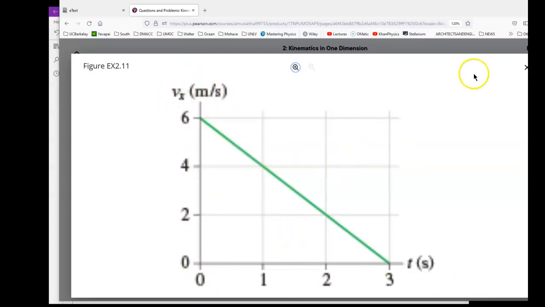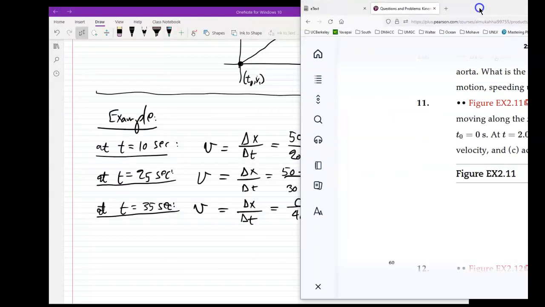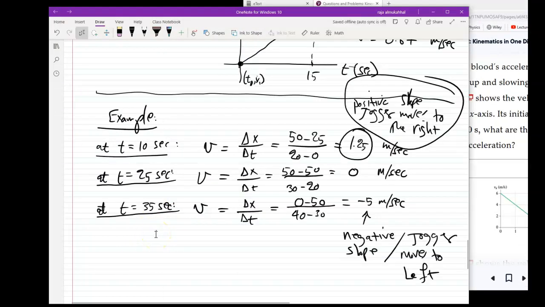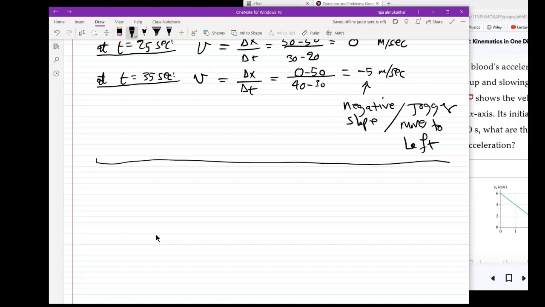Before I do this problem, let me just show you something quickly, something that you have already studied in calculus, maybe. Sorry, bear with me.